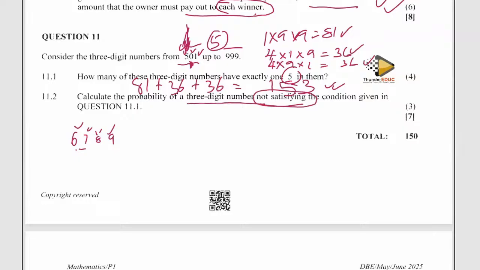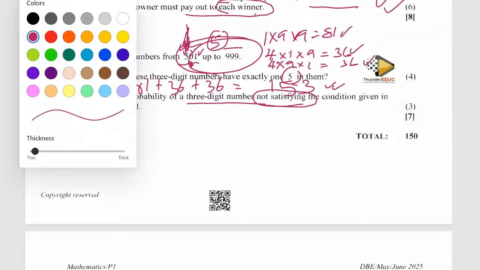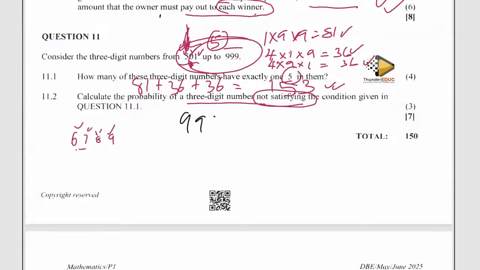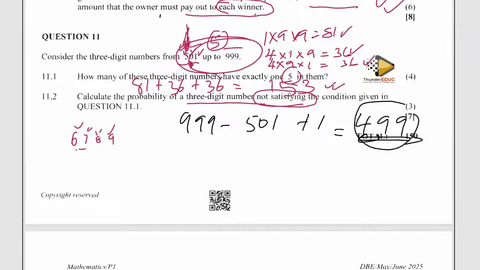Now the question is, how many 3-digit numbers can we obtain from this sort of arrangement? If I get 999 minus 501 plus 1, which means we have 499 numbers that we can come up with. But then it's 153 that satisfy our desired condition.